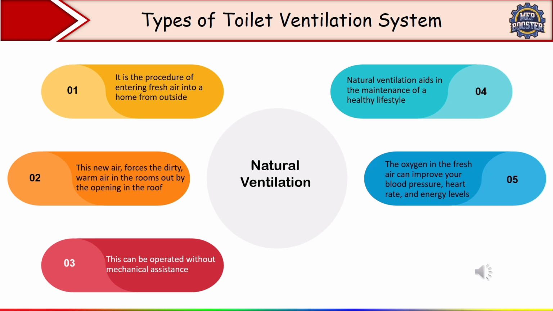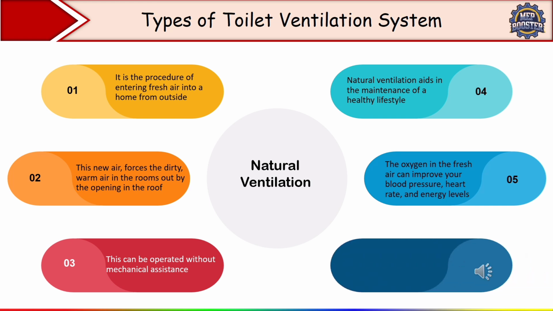And the fifth point is that the oxygen in the fresh air can improve your blood pressure, heart rate and energy levels. And natural ventilation also helps to boost your immune system. So these are the points of the natural ventilation system.